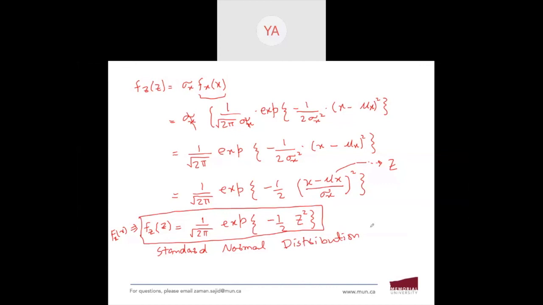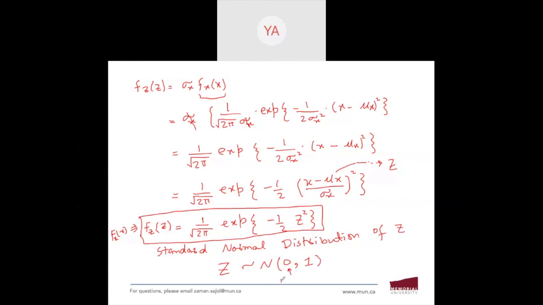Now in the standard normal distribution of z, always remember that the mean value will always be 0 and your standard deviation will always be 1.